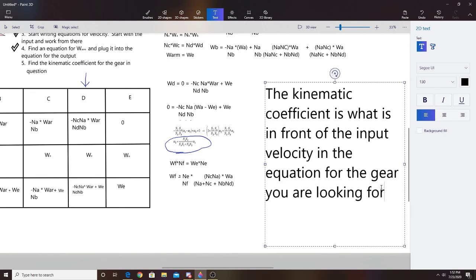So if you're looking for the kinematic coefficient of, like I said, gear C or B in this case, it is whatever is in front of A. Now the problem is that you have to get everything like to get it in front of A. You can't just say, well, it's this, and it's this, right? You have to have WA times a bunch of things, and all of that is the kinematic coefficient. So it's algebra at that point, but that is what it is.